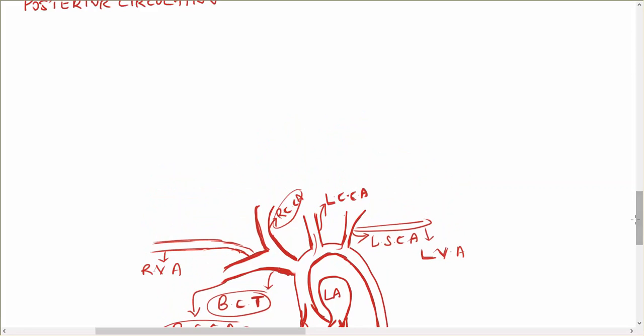Once these branches come out, they go posteriorly and run near the vertebra. For example, this is the vertebra.